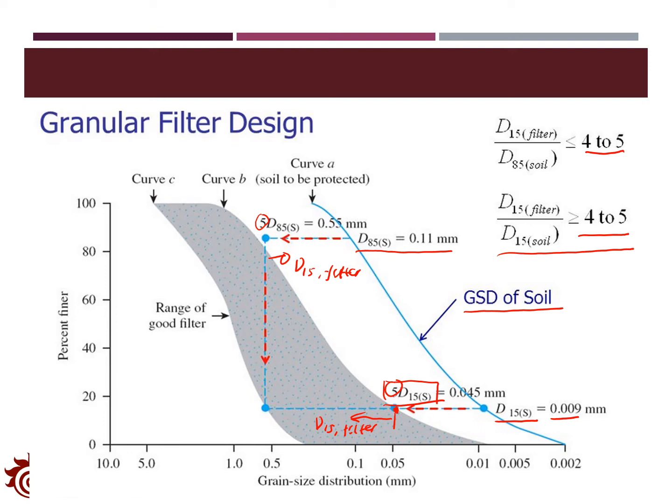By combining these two boundaries, the soils with the grain size of 15% passing within this range will be appropriate for the granular filter design. So with that, we will have the gray region which is appropriate for the design.